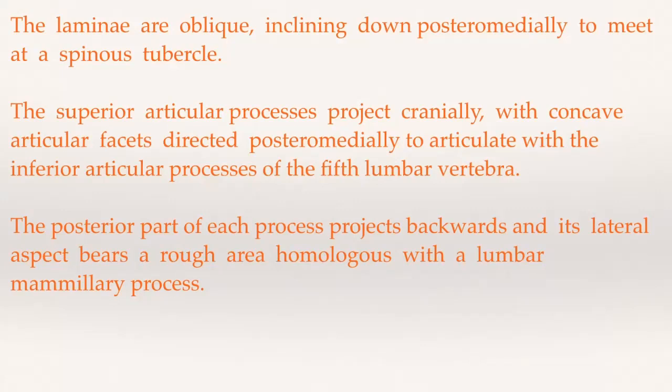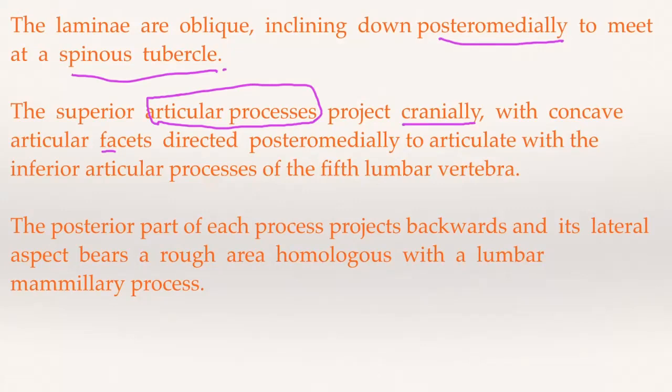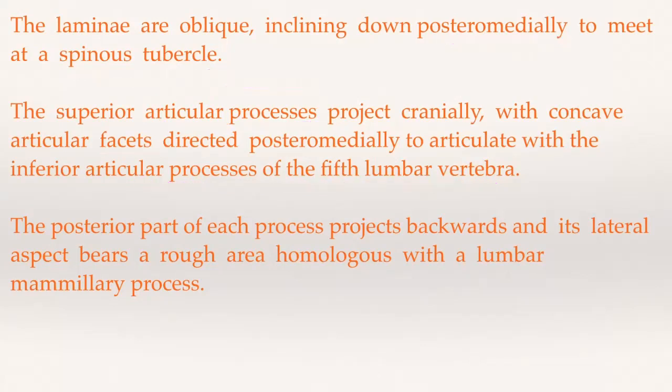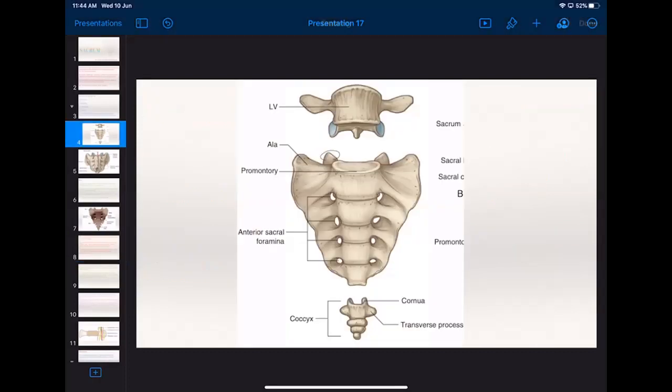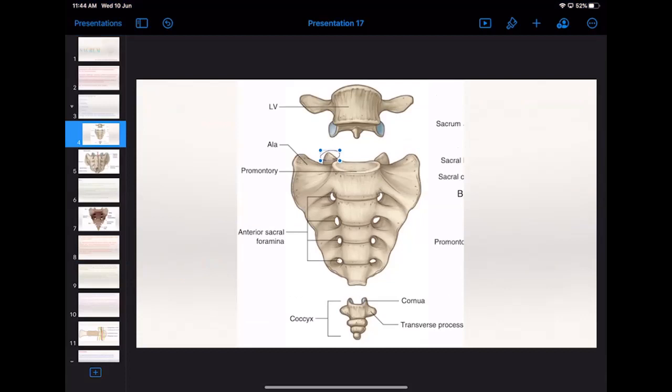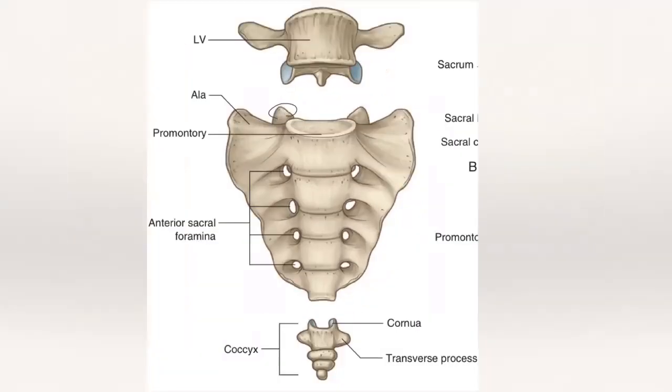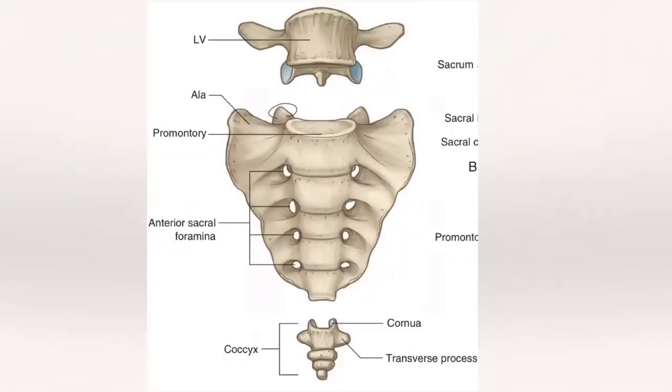The laminae are oblique, inclining down and posteromedially to meet a spinous tubercle. The superior articular processes project cranially with concave articular facets directed posteromedially to articulate with the inferior articular process of the fifth lumbar vertebra, right? You see, this is the superior articular facet.